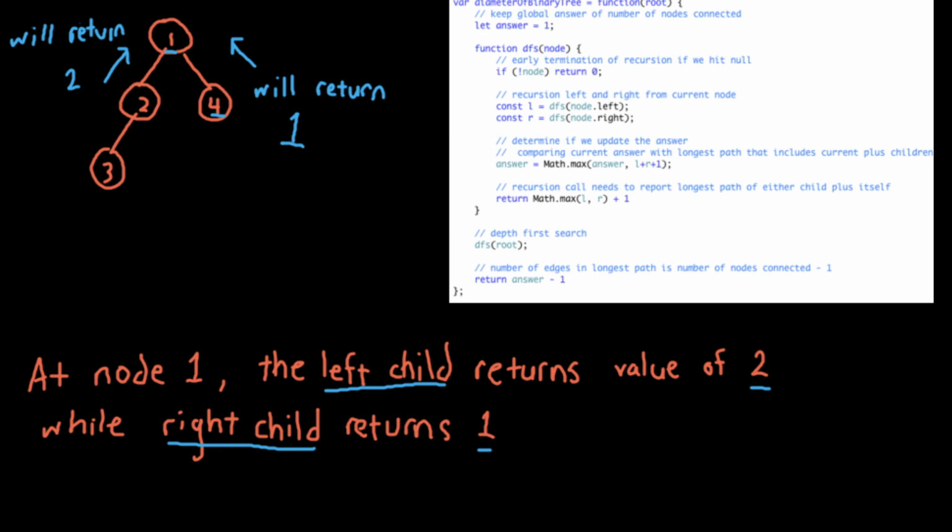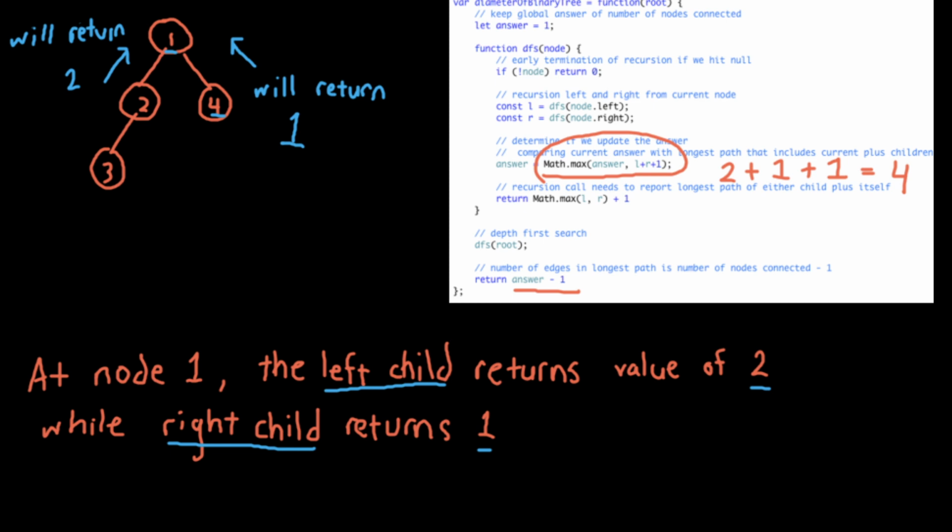So at node number 1, you're going to update the answer again, because left child is 2, right child is 1, itself is 1, so final answer is 4 for number of nodes. Down here, when you finally return, you will subtract 1. Okay?